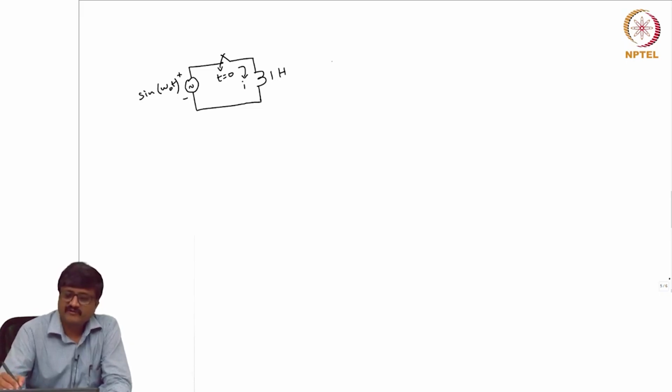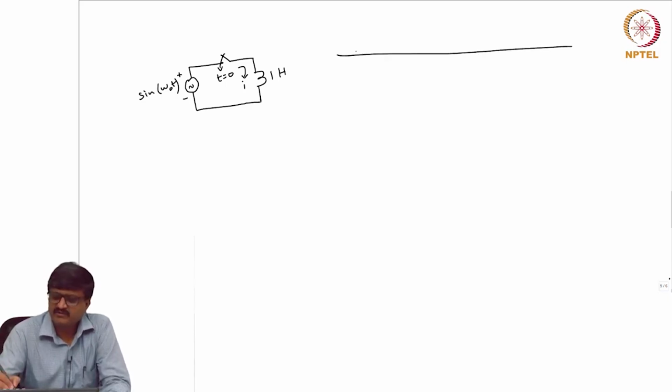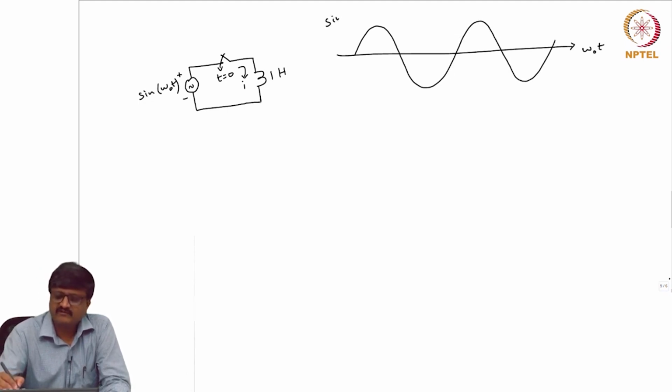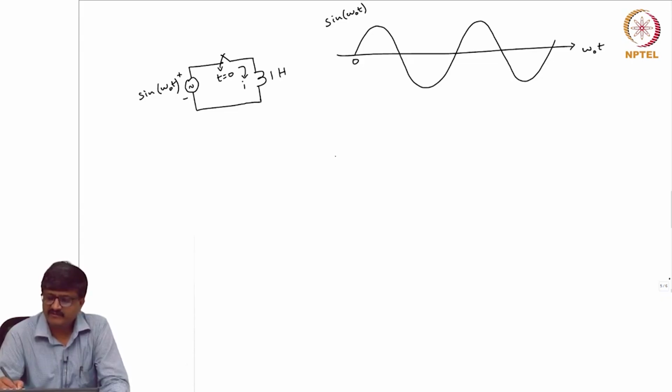So, if I plot the sin omega_0 t, I know it is like this. This is sin omega_0 t, where this is 0. Now, what will be the plot of current?